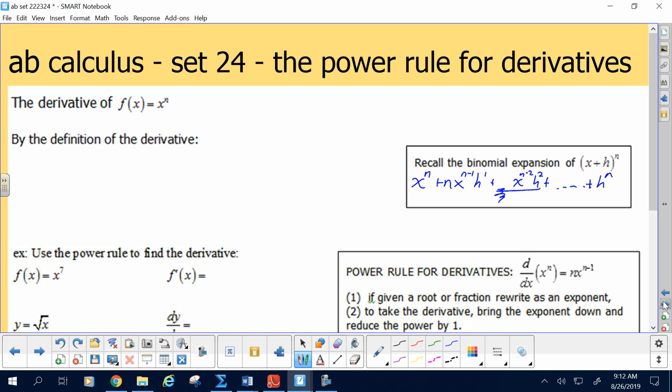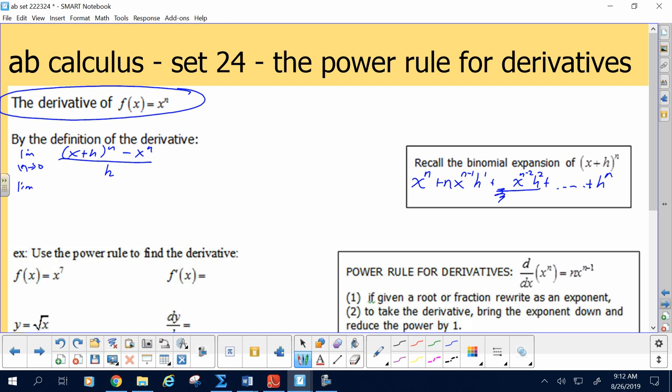All right. So if I wanted to do a general rule for the derivative of x to any power, and it doesn't even have to be a whole number, then it would look something like this. The limit as h goes to 0 of x plus h to the n minus x to the n over h, okay? And then each time we expanded the binomial, and that's what we have over here on the right.